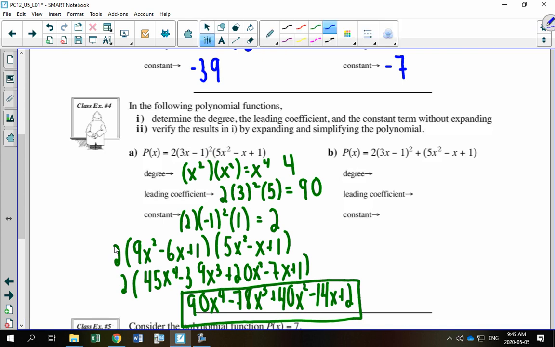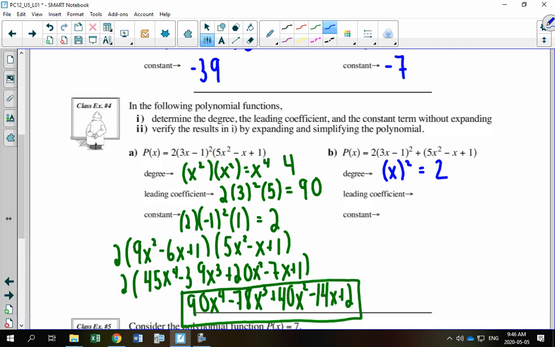Okay, same thing with part B to determine the degree. So our degree for this one, we would have to go x and square it. And this time it's being added, so our highest exponent will just be squared.